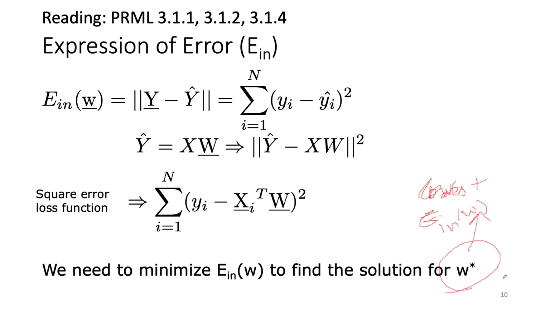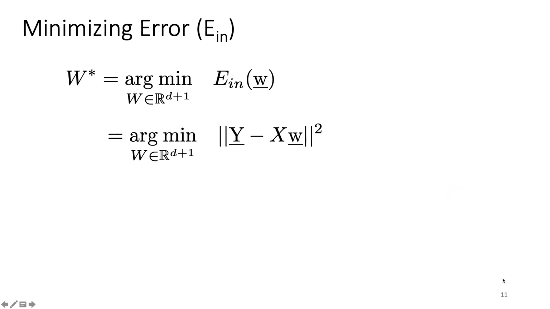All right. So now, how to show the minimization error? We are interested in finding a W star which corresponds to the arg min of your in-sample error of the vector W. That arg min is just a way to showcase that this is a minimization problem given that domain, which is all your W's coming from a D plus 1 dimensional space of R, right?